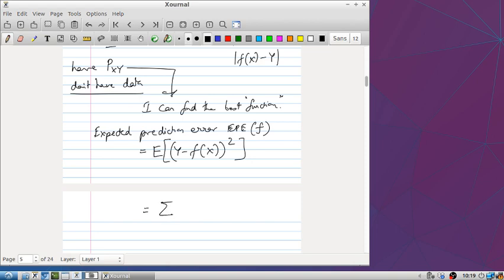Maybe I can use the summation version, just for simplicity: summation over x, summation over y, the probability that x takes value little x and y takes value little y, times the thing over there, which is little y minus f of little x, squared. This whole thing is in the summation.